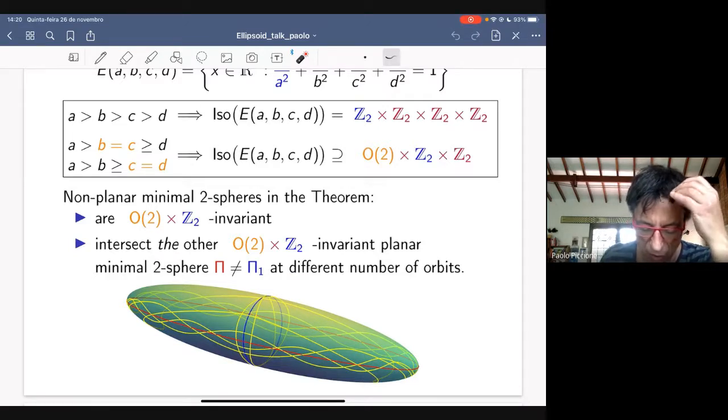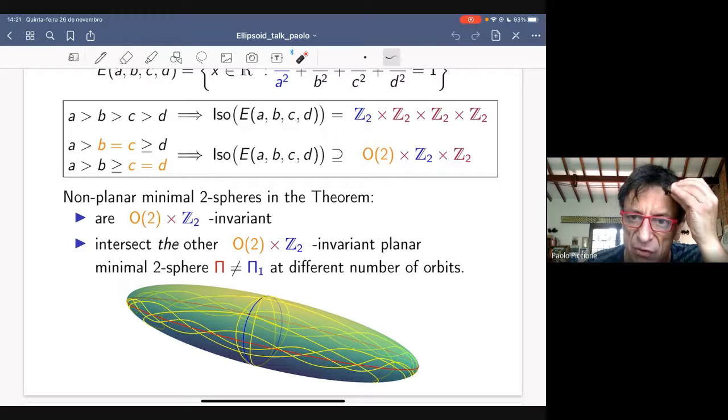And also we found that all these minimal spheres will intersect the other planar minimal two spheres, which are also invariant by the same action. Okay. And well, of course, we know that this is true in general.